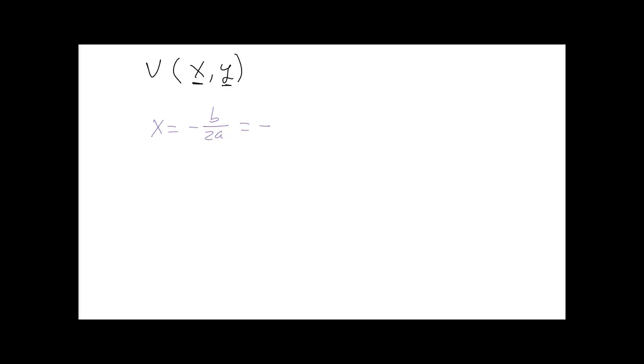In this case it is minus, the value of b is 4, I'm just going to plug in the values. 2, always going to be 2, and the value of a, in this case, is 2. Minus 4 divided by 2 times 2 is 4, and 4 divided by 4 is 1, and negative 1 because of this negative sign.